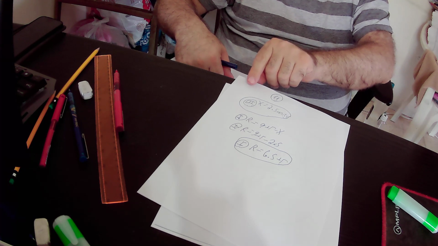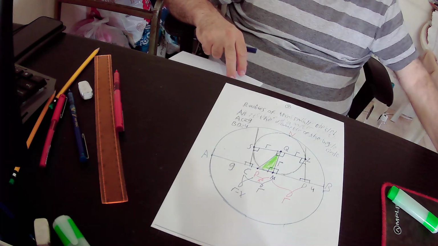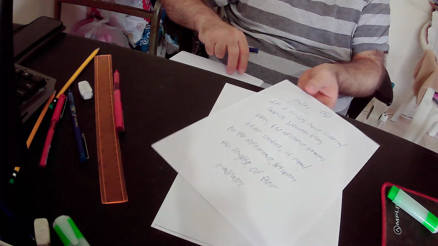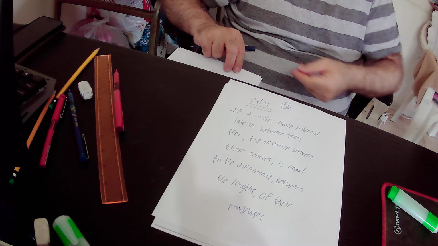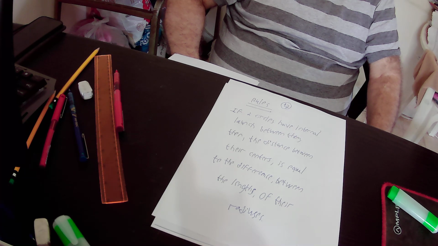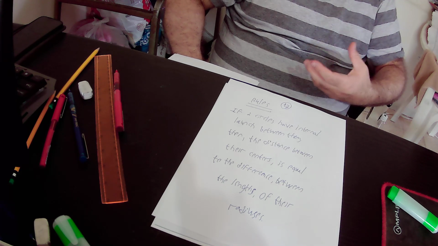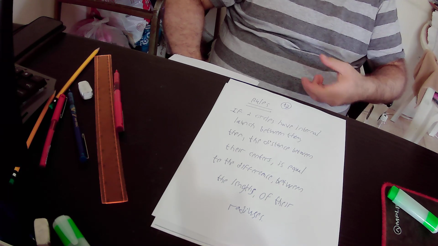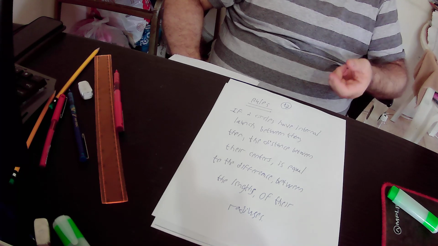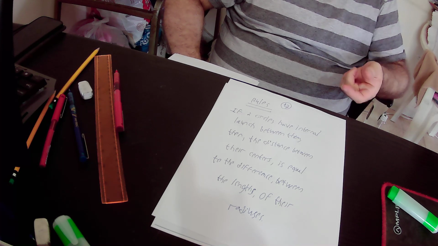Then I presented rule number 5, and we implemented rule number 5 in our two circles. Rule number 5 states that if two circles touch each other internally, then the distance between their centers is equal to the difference between the lengths of their radiuses.